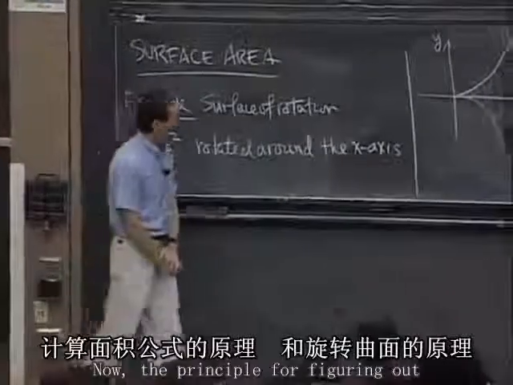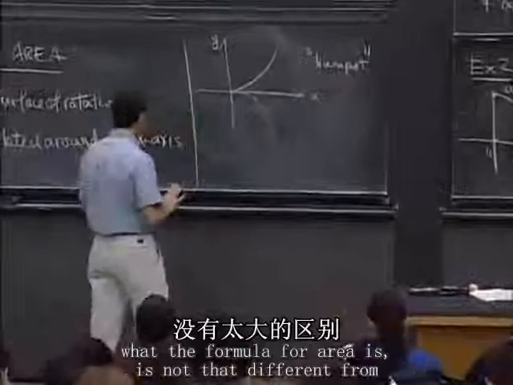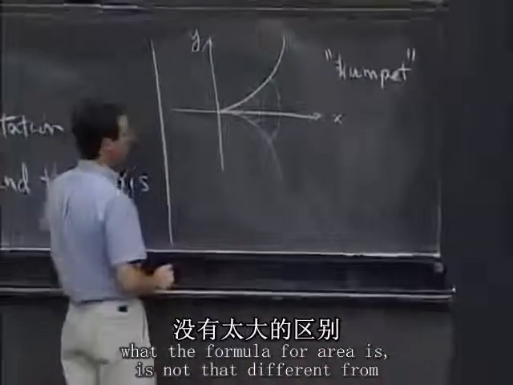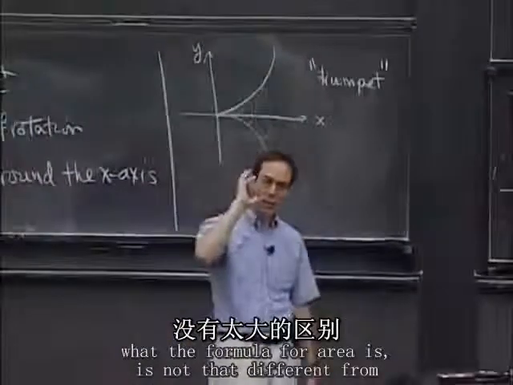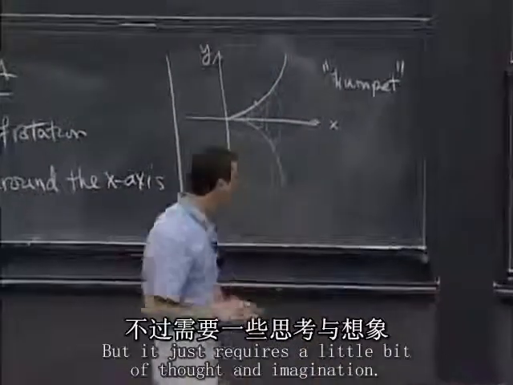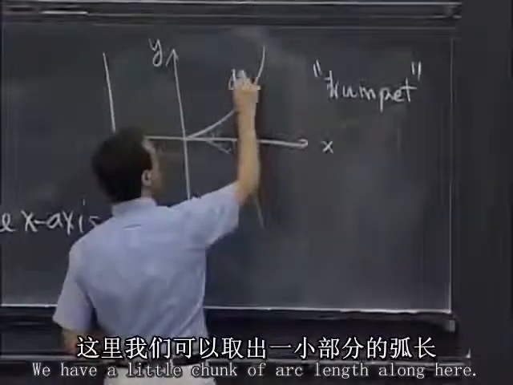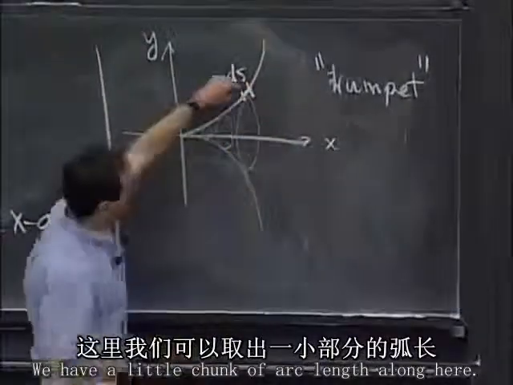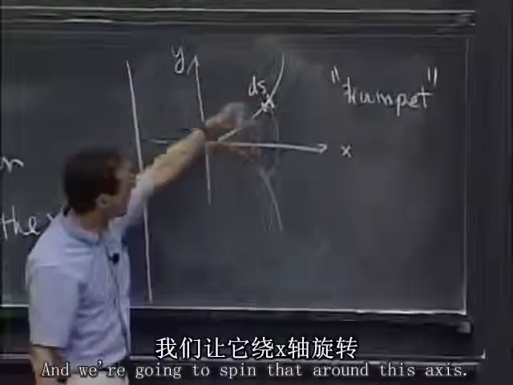Now, the principle for figuring out the formula for area is not that different from what we did for surfaces of revolution, but it just requires a little bit of thought and imagination. We have a little chunk of arc length along here, and we're going to spin that around this axis.